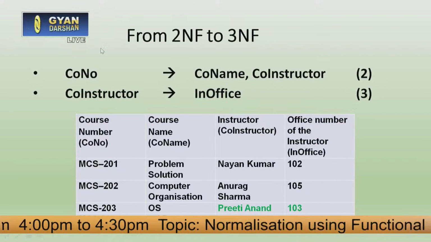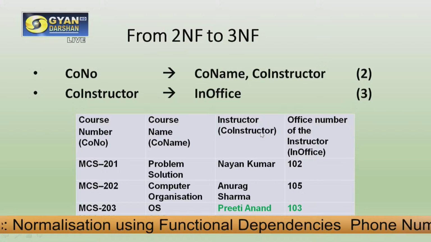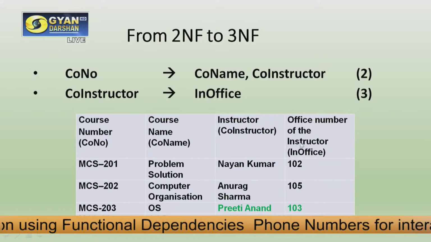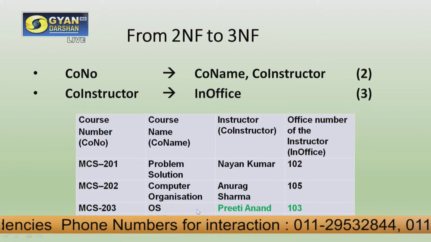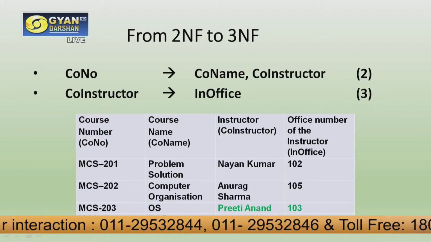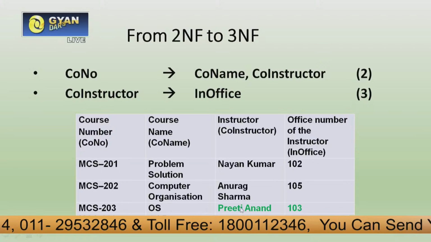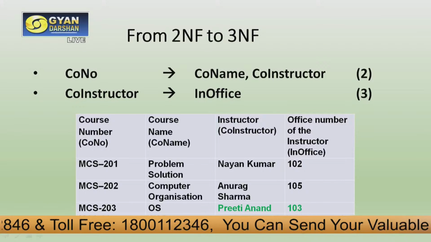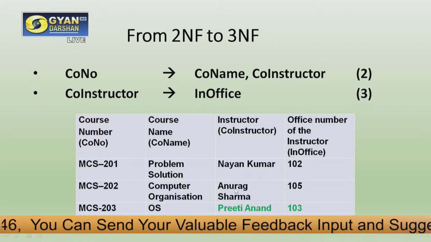Okay, so this is where we had the course number, course name, and course instructor, and office is available. Now what happens is that this teacher Preeti decides to take another course, 206. Now once again you can see this green area is redundant. The redundancy is still there.